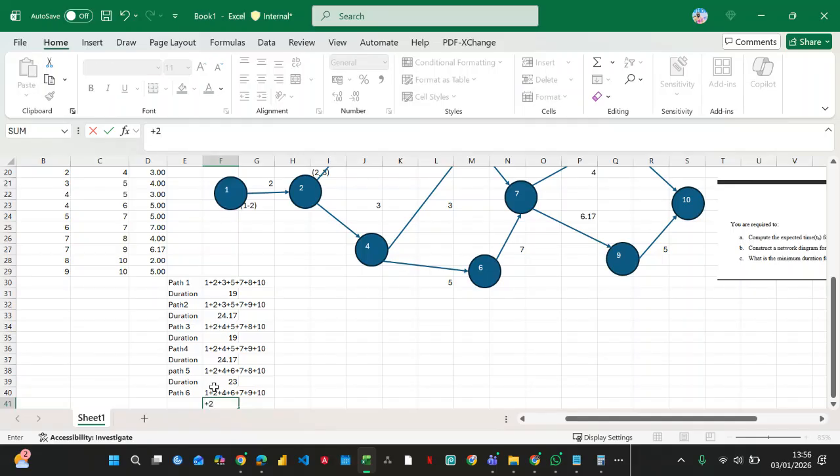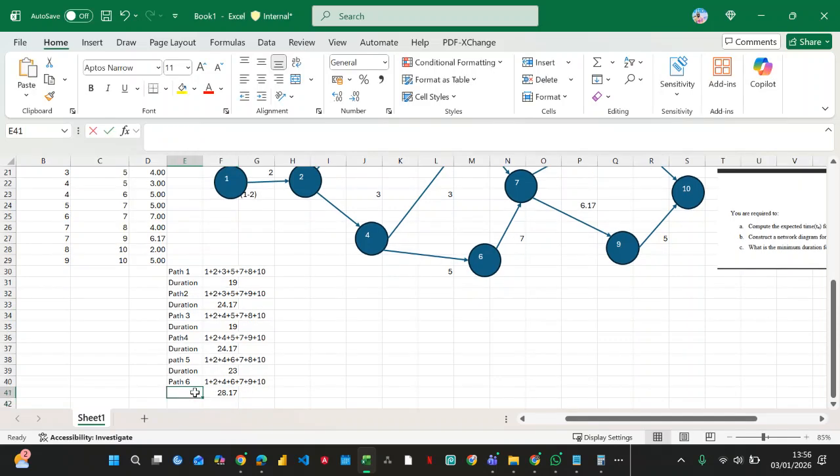So that means our duration is going to be 2 plus 3 plus 5 plus 7 plus 6 plus 5.